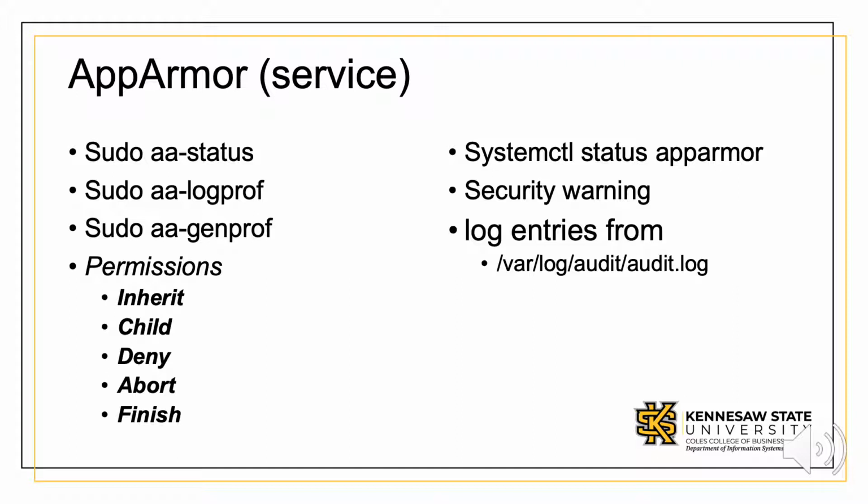Some of the specific permissions that can be set inside of AppArmor include inherit, child, deny, abort, and finish. Inherit creates the rules that are denoted with an ix within the profile, causing the executed binary to inherit permissions from the parent profile.